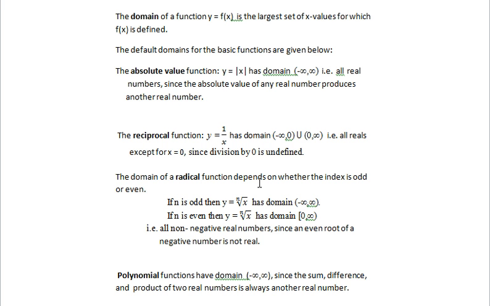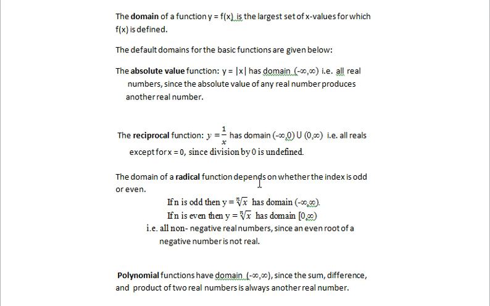If n is even, then y equals the nth root of x has domain from 0 to infinity, including 0. In other words, x greater than or equal to 0. Notice the square bracket to the left of 0 indicates that it is included.